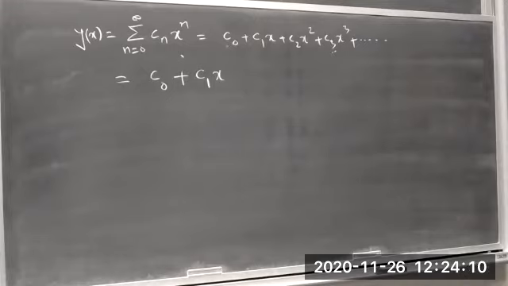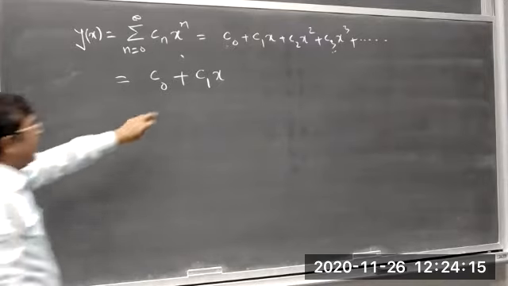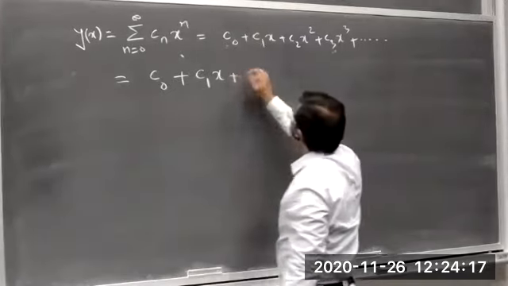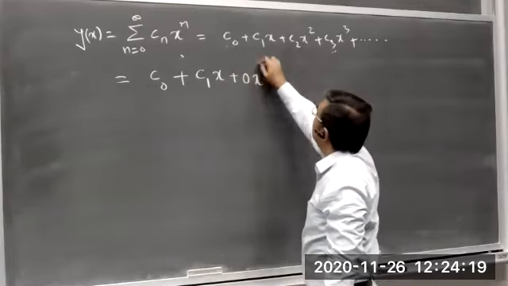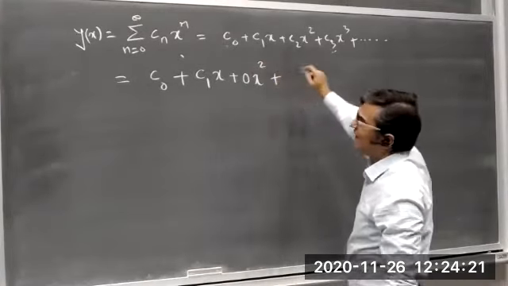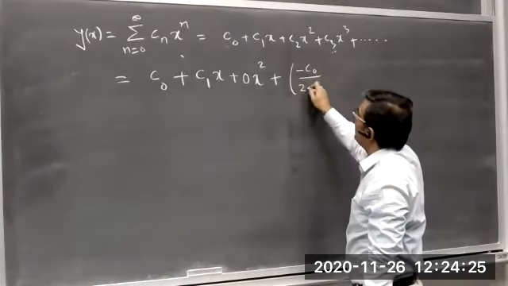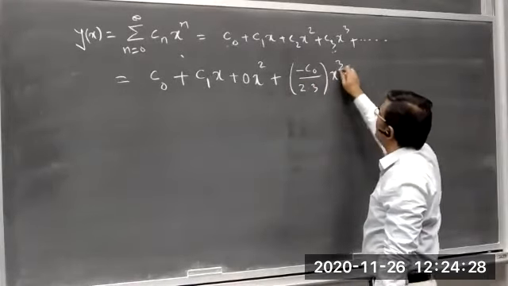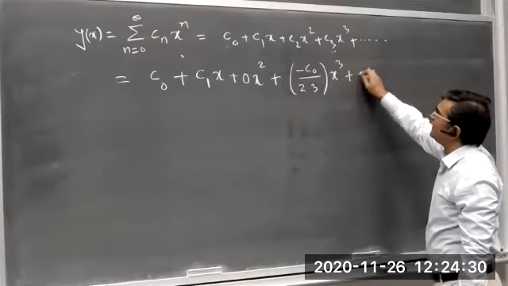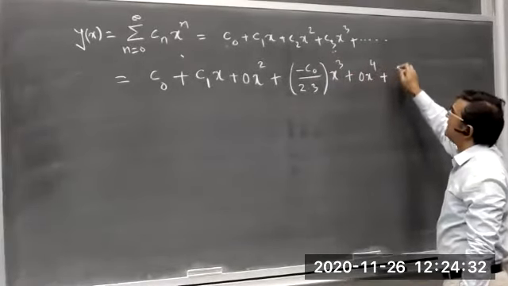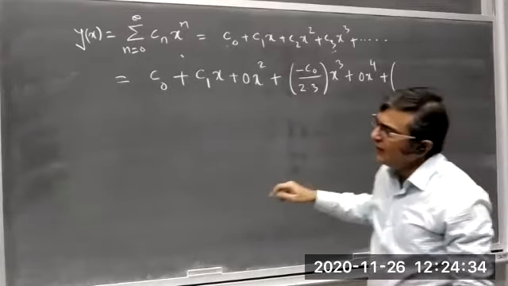We are unable to find c0 and c1. So c1 remains c1 here, plus c2 is 0, plus c3, which is negative c0 divided by 2 into 3, x cube, plus c4 is 0, plus c5.